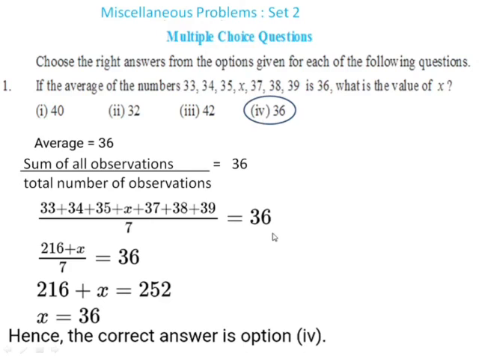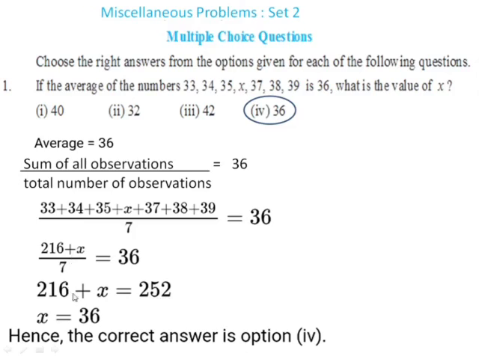is equal to 36. Now after adding these numbers, the sum you will get here is 216. So 216 plus x upon 7 is equal to 36. Now here 7 is in division, on the other side it will come in multiplication. So we will multiply 7 with 36, we will get 252.